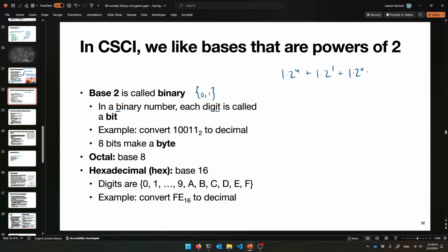And so what was that number in decimal? Well, it was 16 plus 2 plus 1. So that's 19 in decimal land. And so that's how you would convert it. Okay?